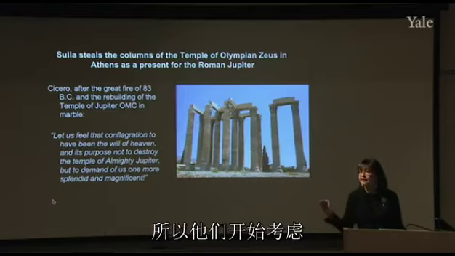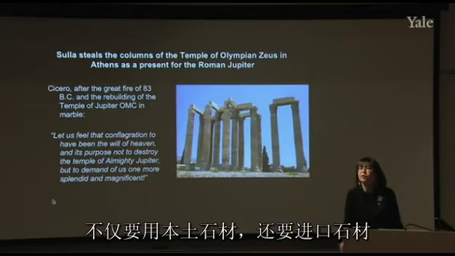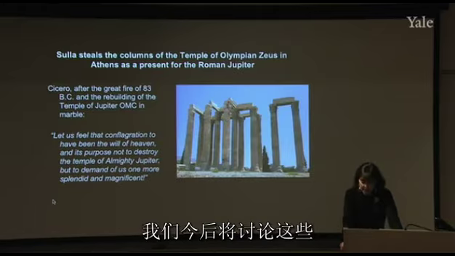So they were already beginning to think not just of their own local stone or stones that were from close places in Italy, but imported marble. So I want you to know that so that we can talk about it in the future.